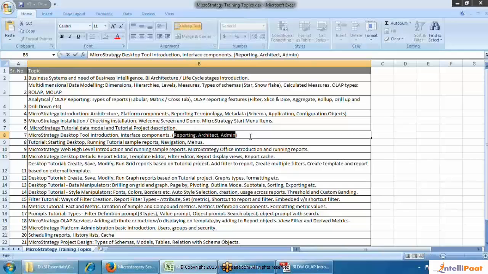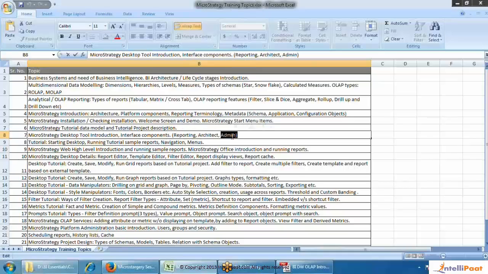Since you know Pentaho, you also know that in any enterprise tool, generally there are 3 roles. One is a model developer, one is a report author, and third is the administrator. So corresponding to these 3 roles, there are 3 tools. So this is the report creation tool, this is model creation, and this is administration.